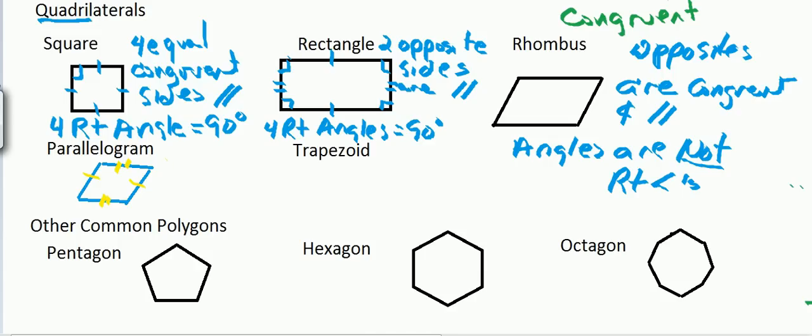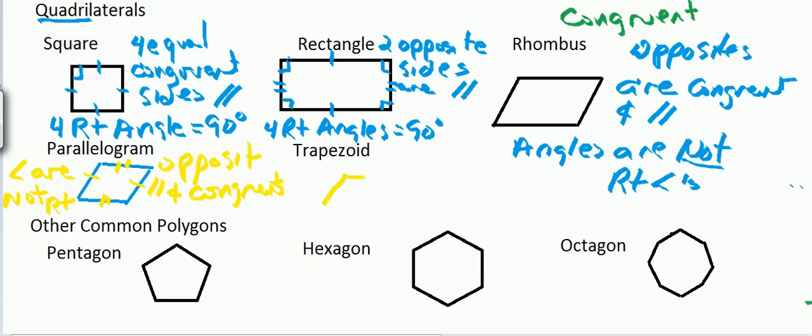Opposite sides are parallel and congruent. But unlike a rectangle, the angles are not right angles.